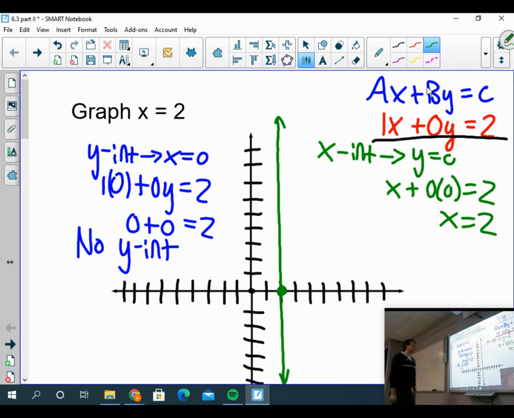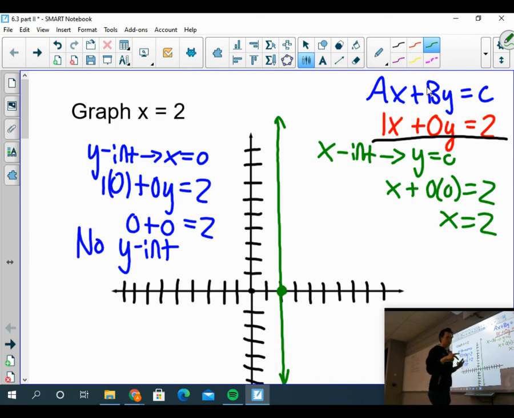Now you might be sitting there wondering, Mr. Carter, why would you not just tell us right off the bat, oh, x equals 2, vertical line, okay? What I want you to understand is kind of where this comes from. If you just memorize it, you could fall into the trap of going, oh, x equals 2. Well, I'm not sure if that's a vertical or a horizontal line.